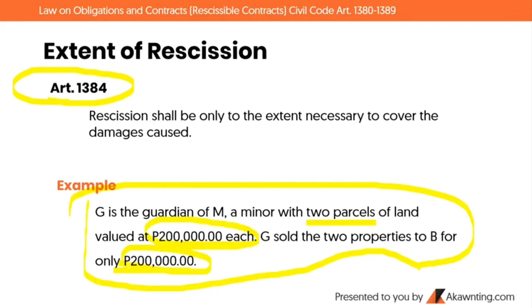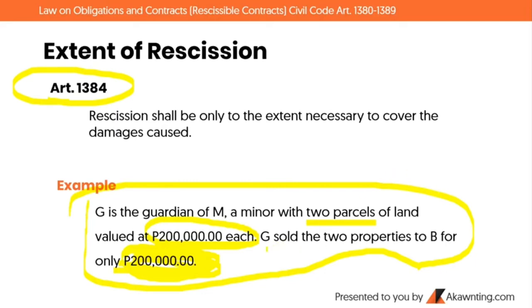Meaning, when you rescind this specific contract, you can only rescind the sale of one property, because the other property is okay. The 200,000 covers the value of one parcel of land, since they are 200,000 each. So when 200,000 is paid, one parcel of land is okay. However, the other one is not okay. So that is the only one we can rescind in this case, okay?